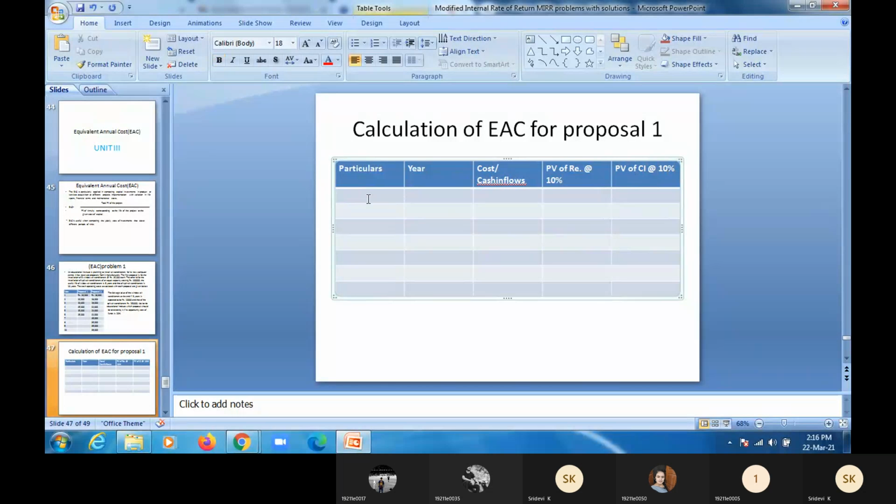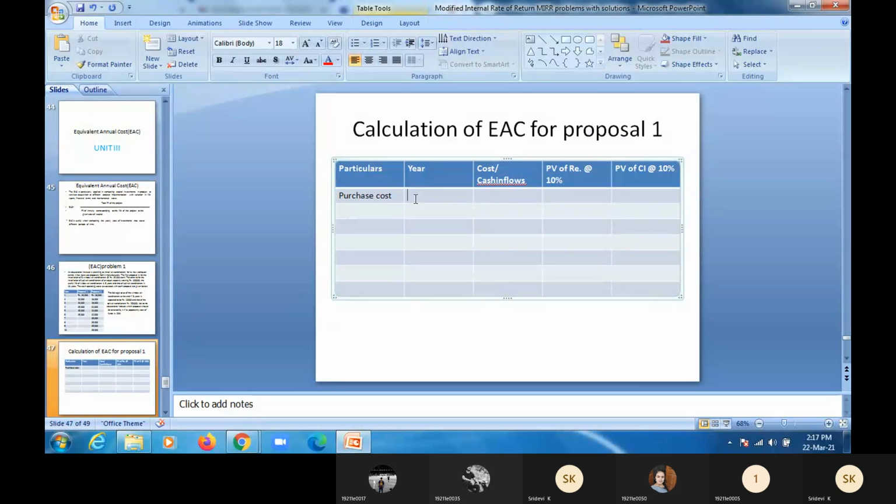In particulars, you mention the purchase cost of air conditioners. For proposal 1, how much it is? 1,50,000. No? How much it is given in the problem? 25,000 each.